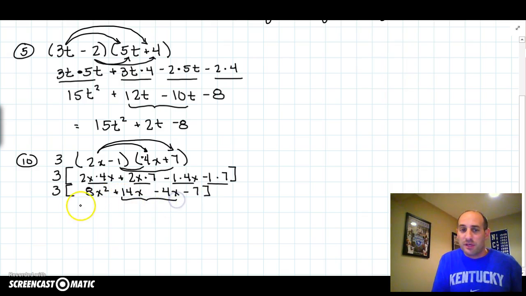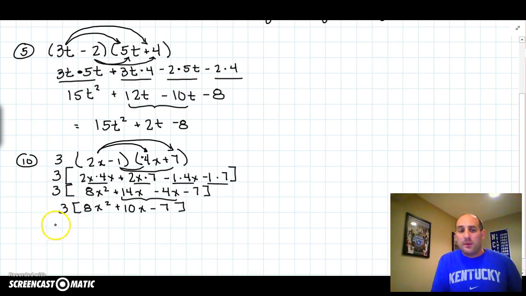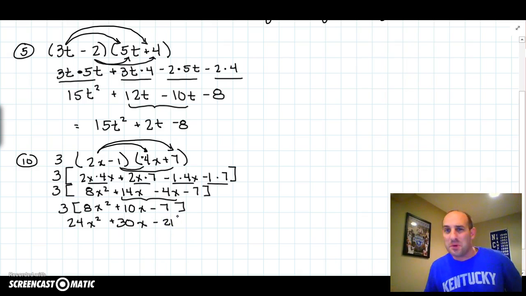Just like on the last one, those can go together, so that has to be my next step. Notice my 3 is still hanging out. People sometimes have a tendency to lose that, so just be careful with it. And then we go through and we say 24x squared, because I'm doing 3 times 8, 3 times 10, and 3 times 7. Now it's simplified as much as it possibly can be.